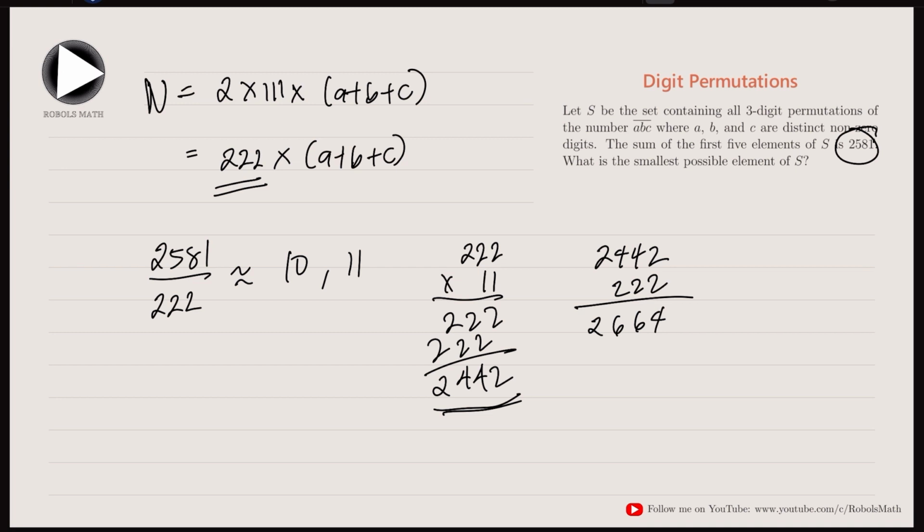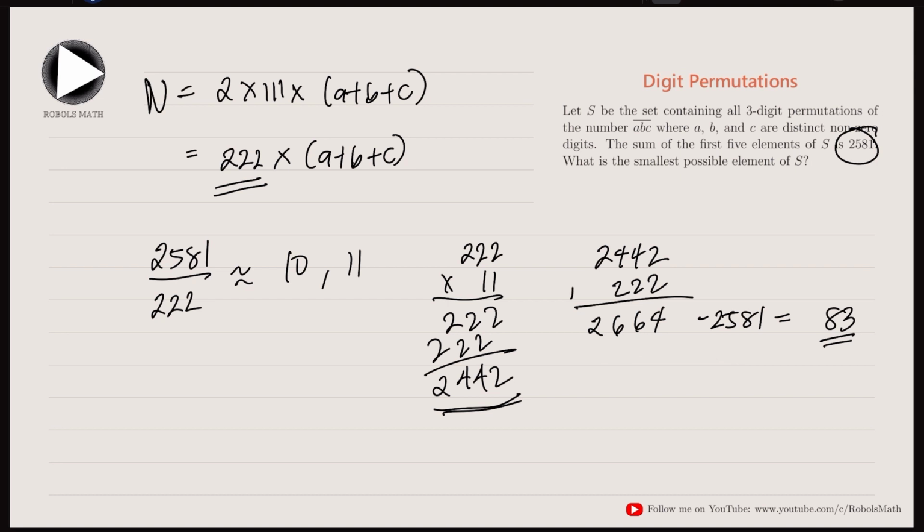So if we subtract 2581 from 2664, we get 83, which is not a three-digit number. So that's not what we want, because the difference of these two should give you the missing three-digit number from S. Since it's just two digits, this means that this is not the right sum.